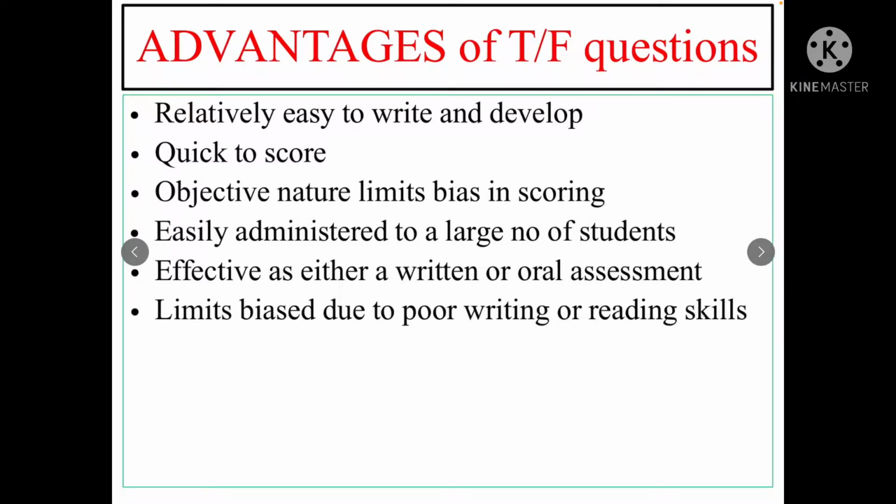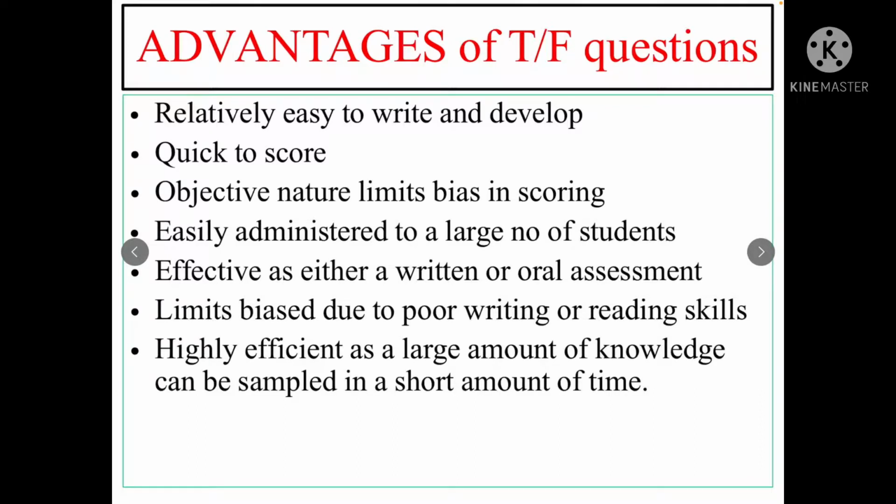Sometimes we have a few students who have poor handwriting, and because of it, we face a lot of problems in checking their copies. But while administering true-false questions, this problem is reduced to a large extent. That's why it limits bias due to poor writing or reading skills. Next one is highly efficient as a large amount of knowledge can be sampled in a short amount of time.